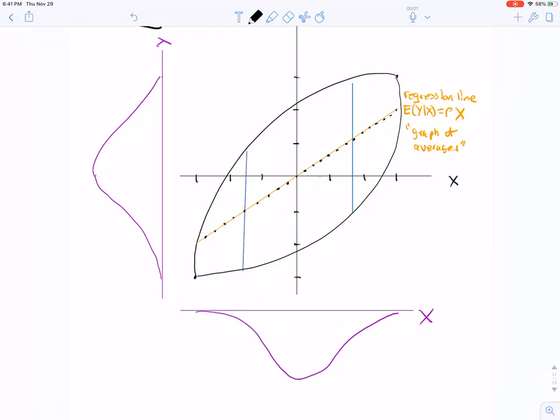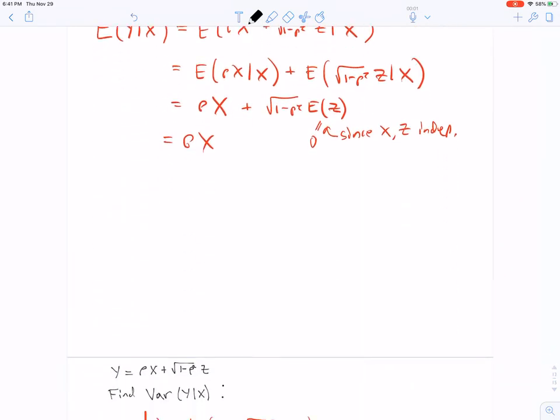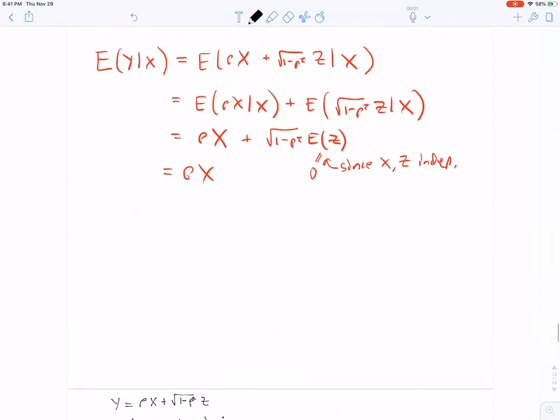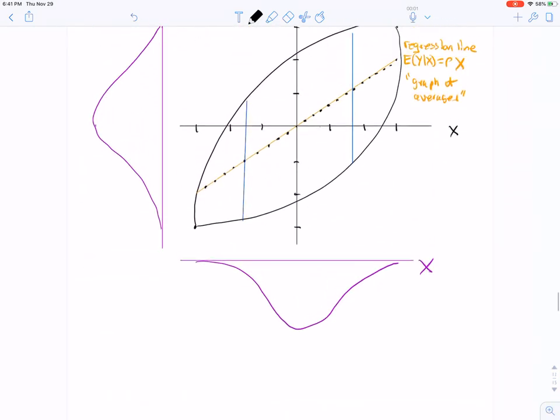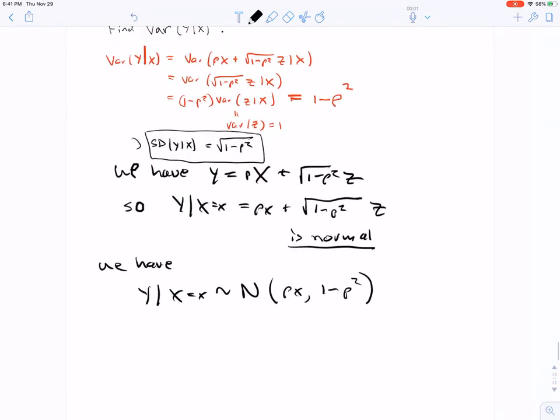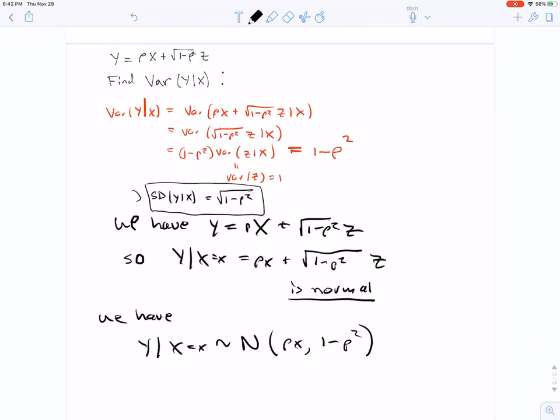It's also called the graph of averages, since for any given X, it's the average value of Y for that X. And finally, we found the variance of Y given X. So this is the spread of Y values that you get for any given X. So we found that in fact the variance of Y given X has no dependence on X at all. It's just 1 minus rho squared, so it's a constant.